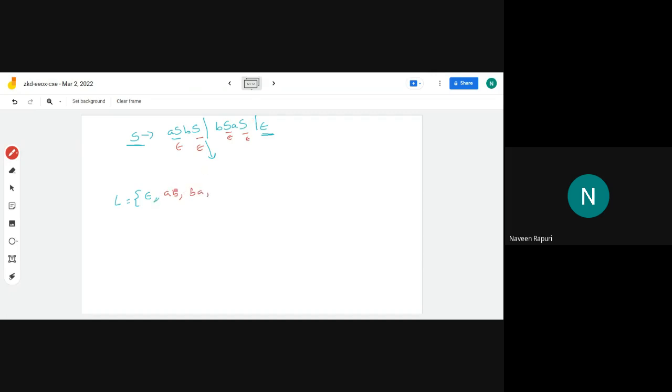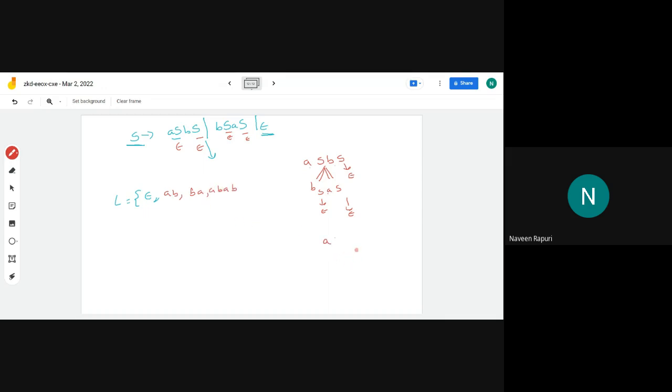And next, suppose you take A S B S, and here you place B S A S, and these S's are epsilon, the answer is A, B, A, B. That's why ABAB is also accepted.